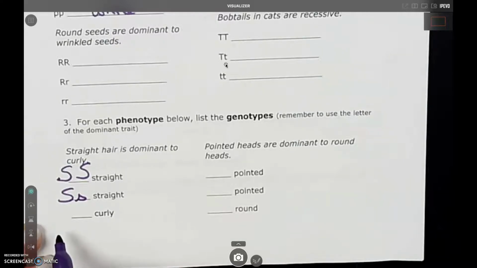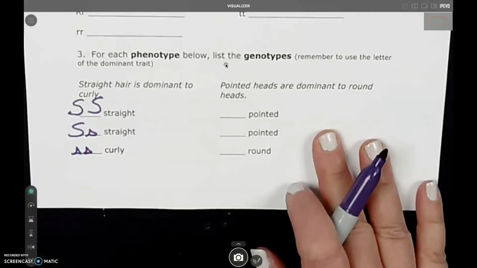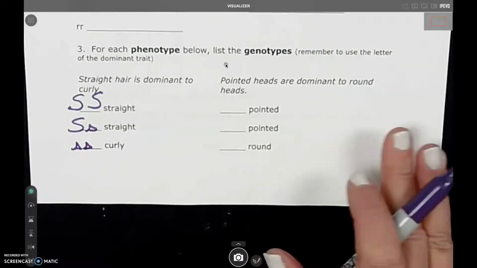What you don't do ever is for the same trait, use two different letters. Don't do that. Okay. Curly would be the recessive trait, so that's got to be two lowercase letters. Two small s's. Cursive s's. But they're lowercase as well.